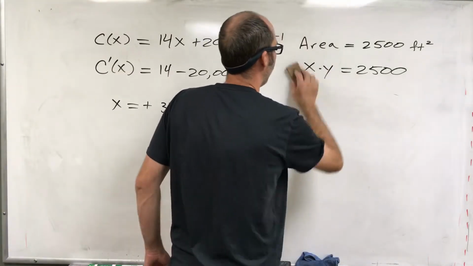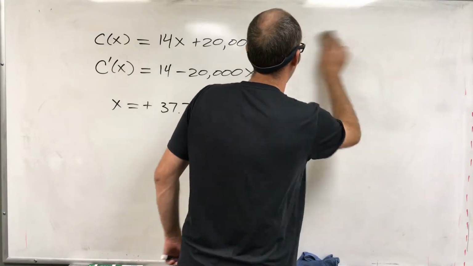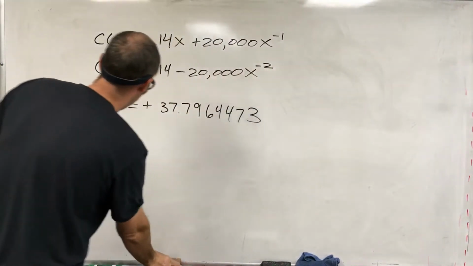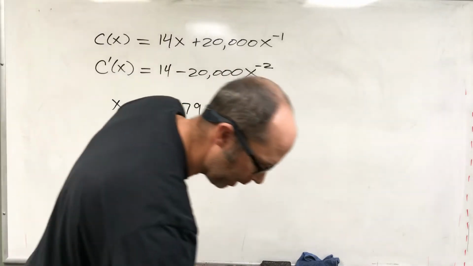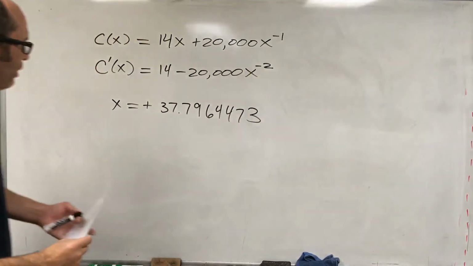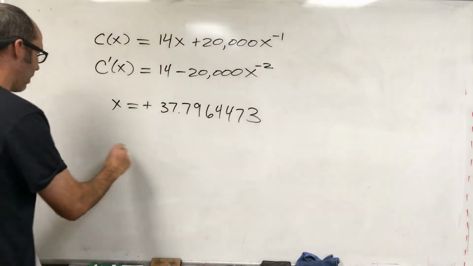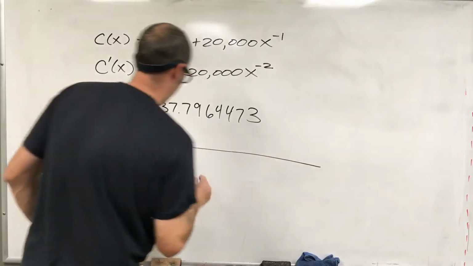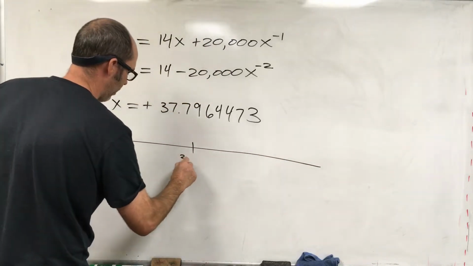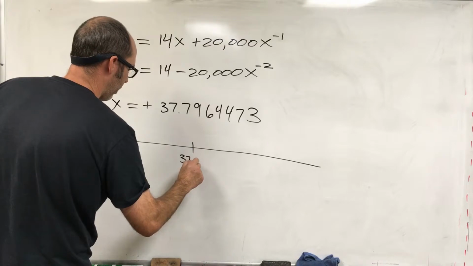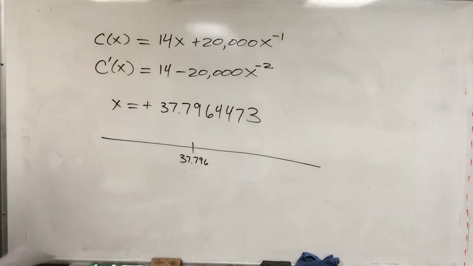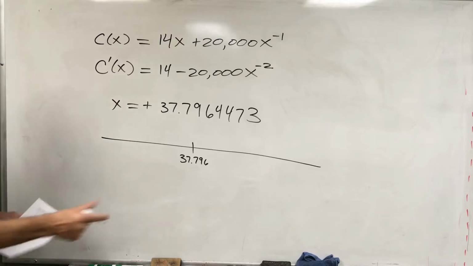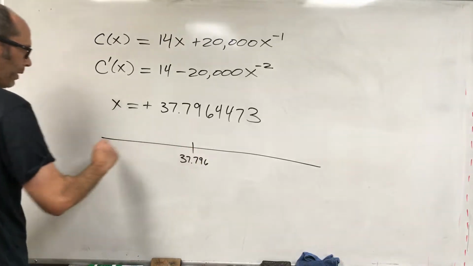And now we need to find out, is x actually a max or a min? In this case, we want to minimize the cost. So does x actually minimize the cost? Let's make a little sign chart. We might as well pick something easy to test.